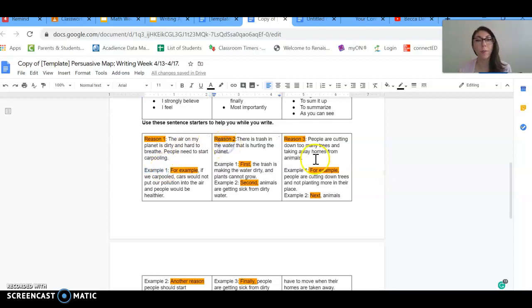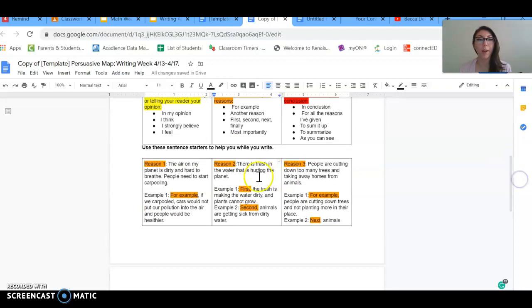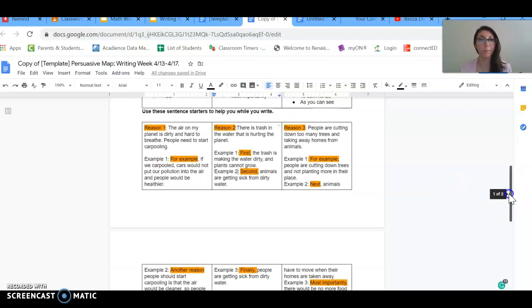Your second reason that people should stop hurting the planet is there is trash in the water that's hurting the planet. First, the trash is making the water dirty and plants cannot grow. Your next example is, second, animals are getting sick from dirty water.